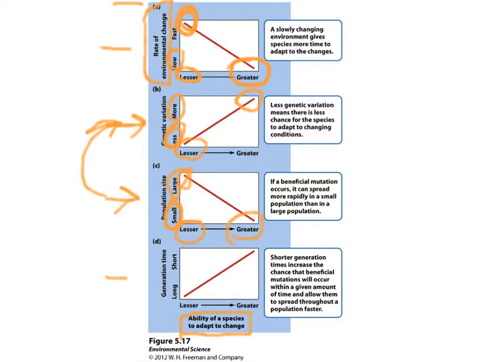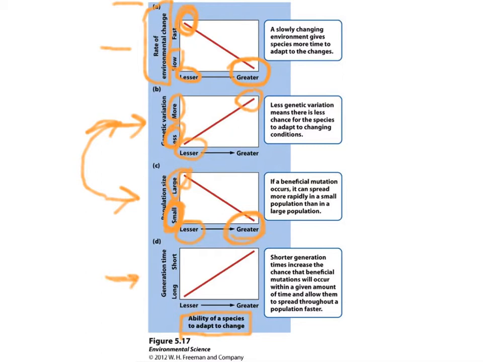But in this case, a small population has the ability, if something beneficial happens, like a beneficial mutation occurs, to spread it much more rapidly than a large population. So a small population has a greater ability to adapt to changes because of beneficial mutations.